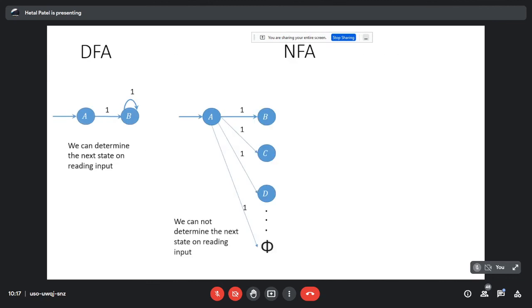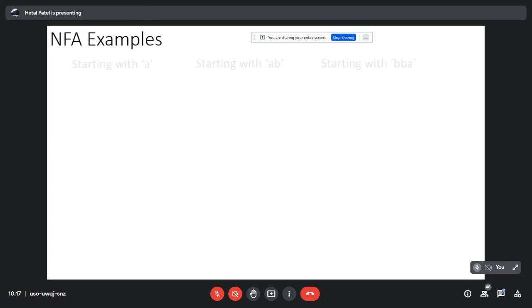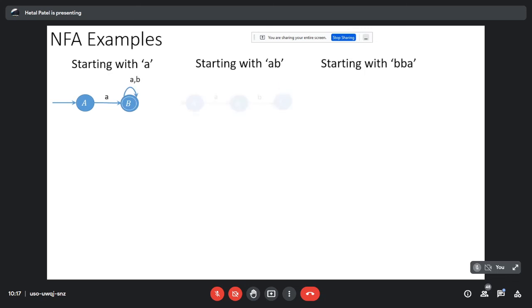Bhumika has already given the idea about the non-deterministic finite automata. Constructing a non-deterministic finite automata is very easy compared to the deterministic finite automata. Here are a few examples already taught by Bhumika ma'am.